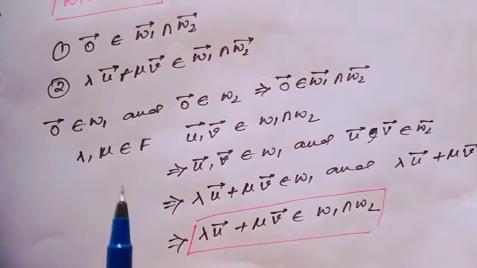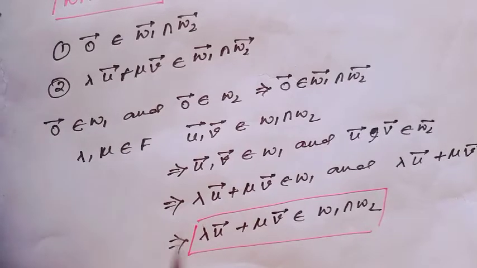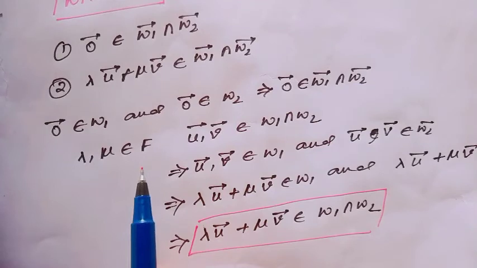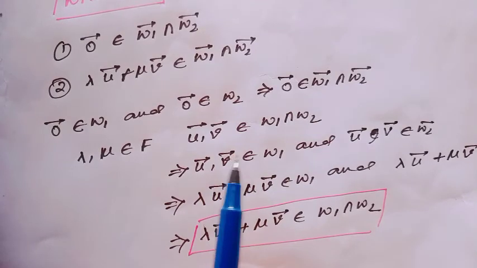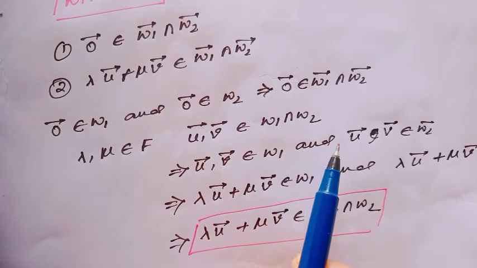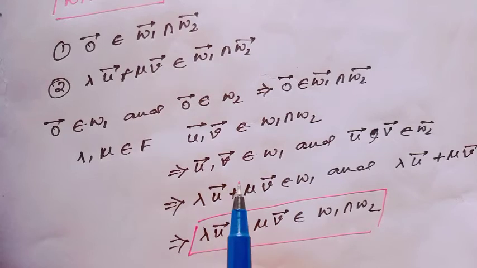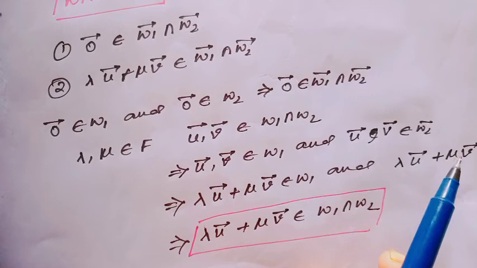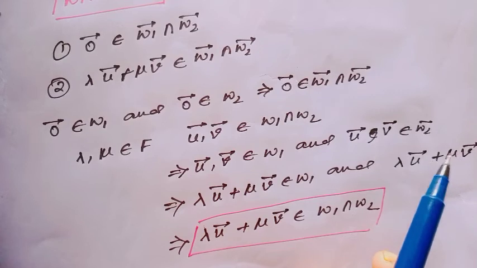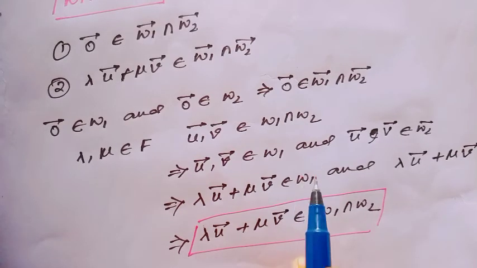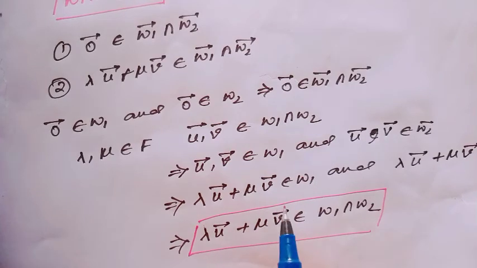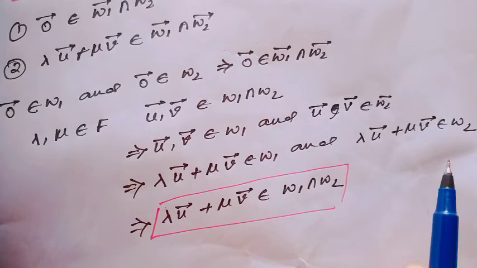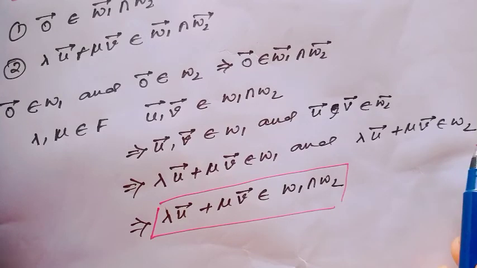Now consider lambda, mu belonging to F, the field, and two vectors u, v belonging to W1 intersection W2. That implies u, v belong to W1 and u, v belong to W2. Since W1 is a subspace, lambda u plus mu v belongs to W1. Also since W2 is a subspace, lambda u plus mu v belongs to W2.